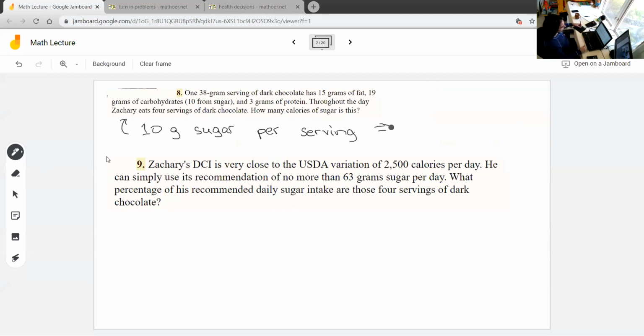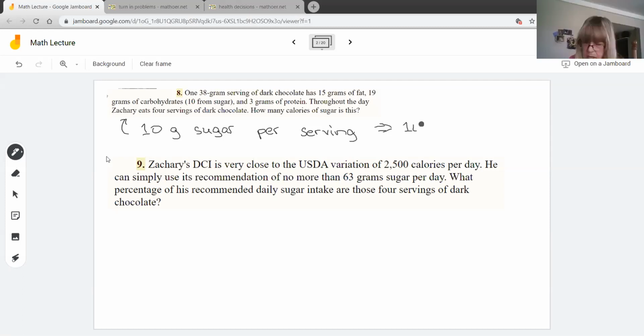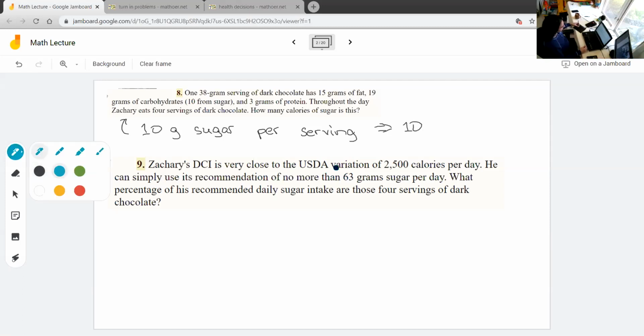How do we get from grams of sugar to calories of sugar? We times it by 4. Yes. Sugar is a kind of carb, and carbs were 4. So he has 4 servings.